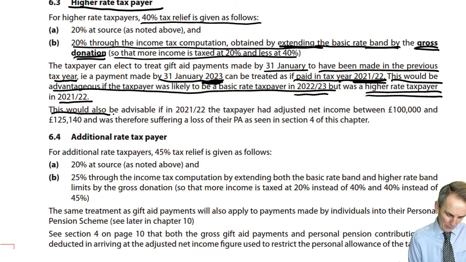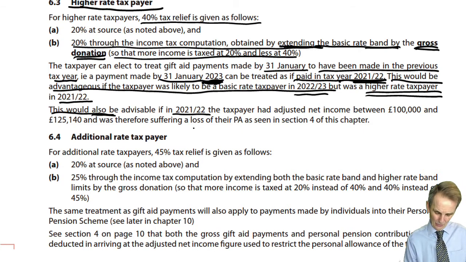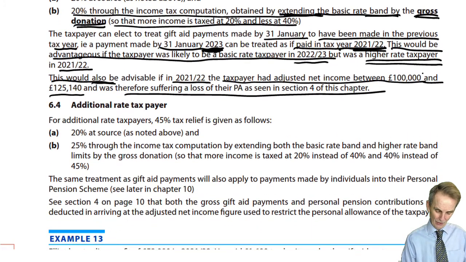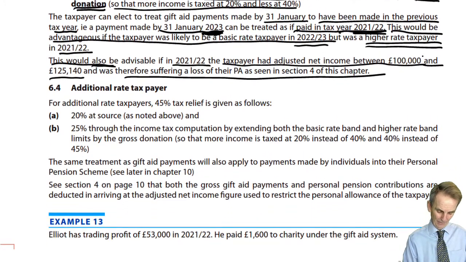This would also be advisable if in 21-22 the taxpayer had adjusted net income between 100,000 and 125,140 and was therefore suffering a loss of their personal allowance, as we saw in section 4 of this chapter.